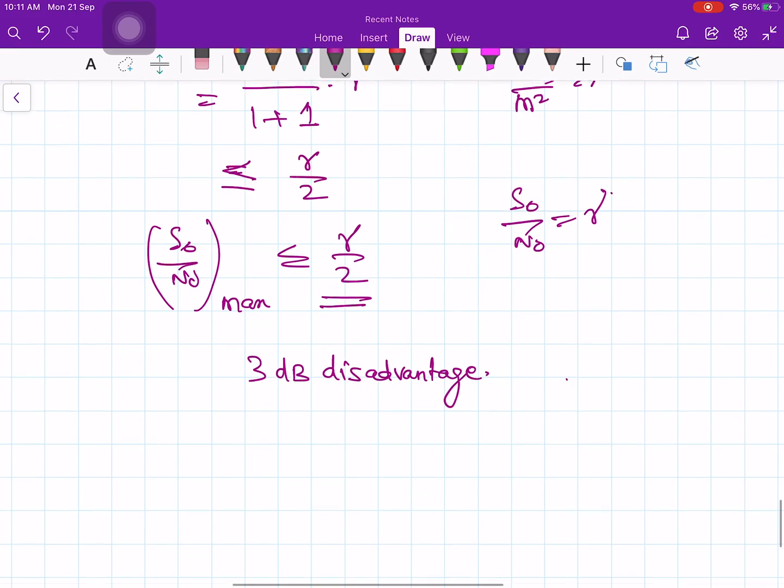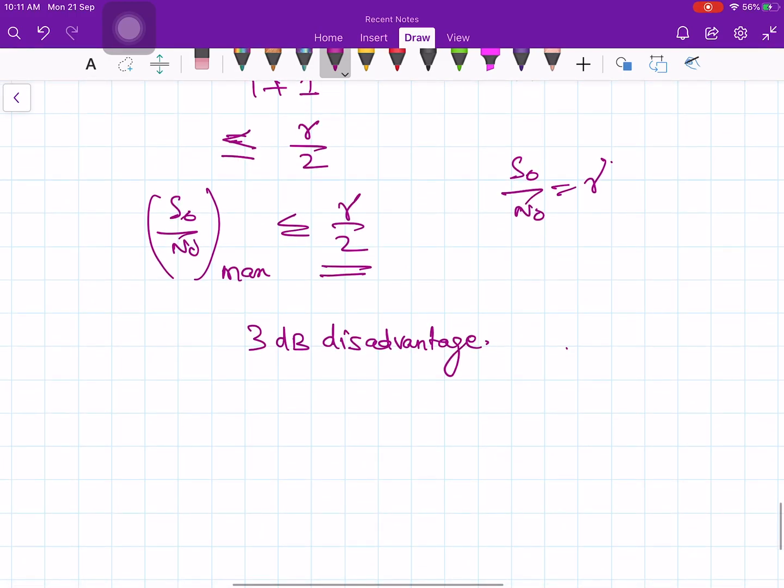So therefore 3 dB disadvantage with carrier. So depending on the actual value of this ratio, your mp square by m square bar, the actual SNR reduction or SNR cost, that means the power cost associated with the use of AM with the carrier, is more than 3 dB.